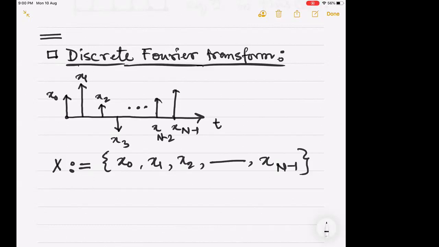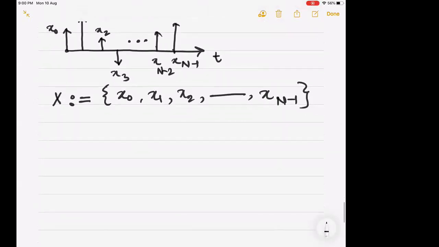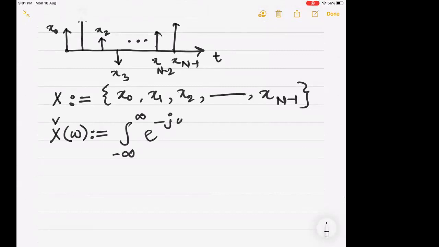If I go ahead and find its Fourier transform, I know that X check of omega is, by definition, the integral from minus infinity to plus infinity of e to the power minus j omega t times the signal x(t) dt. Now what is x(t)? It is this impulse train.